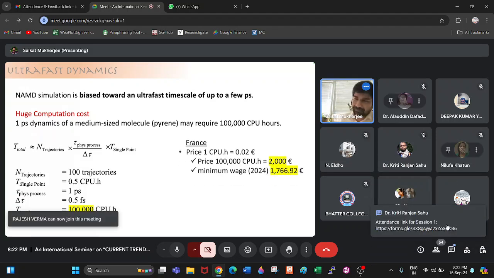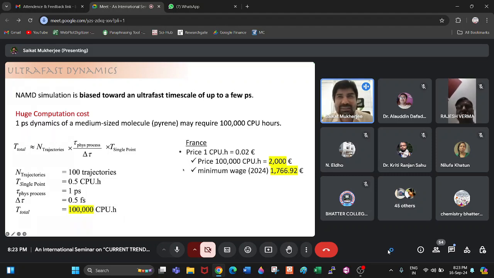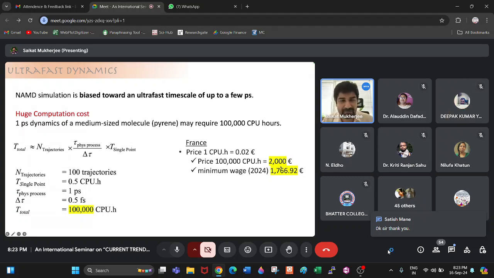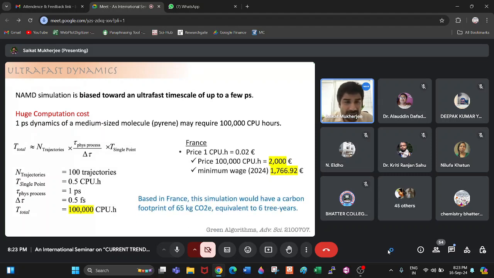Now in France, we normally buy CPU hours at the rate of 0.02 euro. So only this pyridine simulation will cost 2,000 euros. And the minimum wage in France in 2024 is 1,700 euros. Not only that, your simulation would have a carbon footprint of 65 kg, equivalent to 6 tree years.